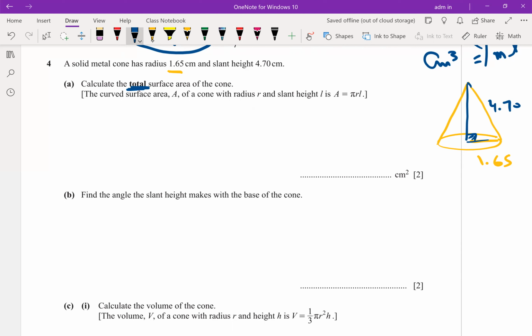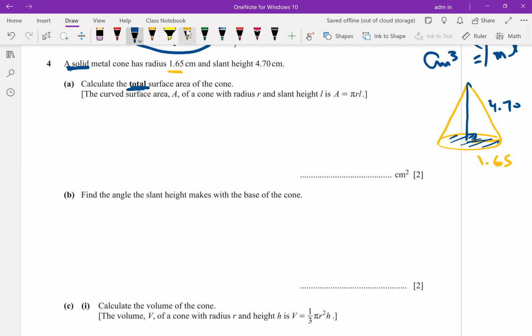Why did he make the total bold? Because of the area of the circle, so it gives you a hint. Don't forget please to add for the total surface area. But even if it is not like this hint, it's written as solid, so don't forget to add the curved and the circle.